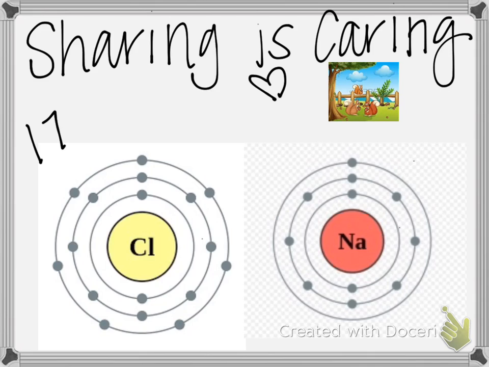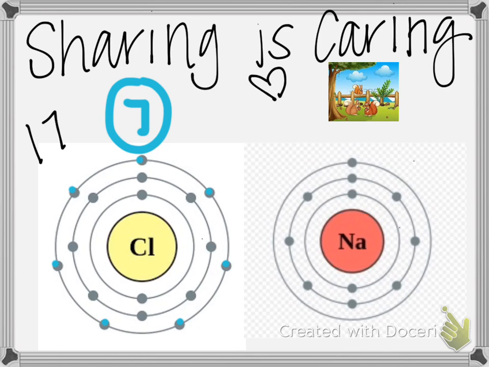Chlorine's atomic number is 17, meaning that it has 17 protons in its nucleus as well as 17 electrons in the electron cloud. But of those 17, how many of them are valence electrons? Let's count the outside ring. 1 valence electron, 2, 3, 4, 5, 6, 7. Chlorine has 7 valence electrons.